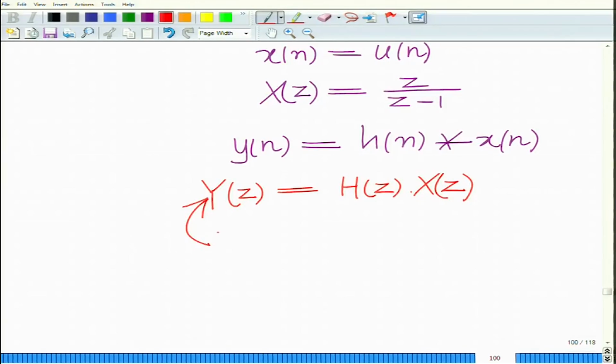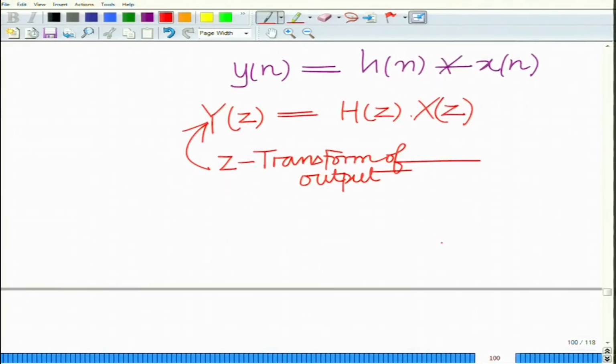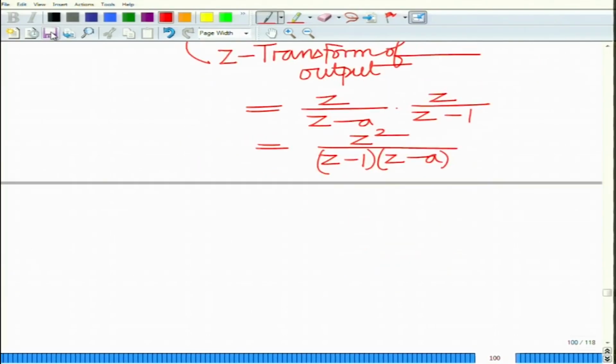This is the z transform of the output, which is H of z times X of z. So, this is basically z over z minus a times z over z minus 1. This is z square divided by z minus 1 into z minus a.